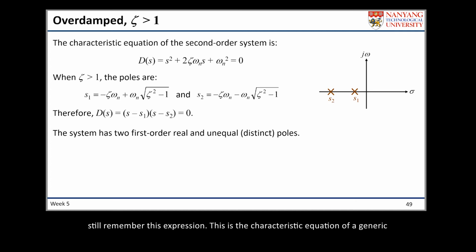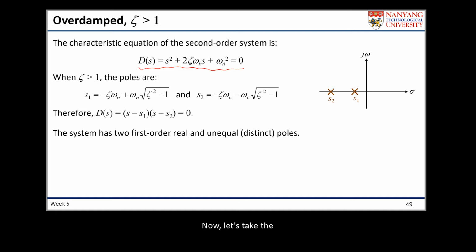You still remember this expression? This is the characteristic equation of a generic second order system. Solving this characteristic equation, finding its roots, will lead us to the poles of the second order system, right? So now let's take the case of an overdamped system when zeta is greater than 1.